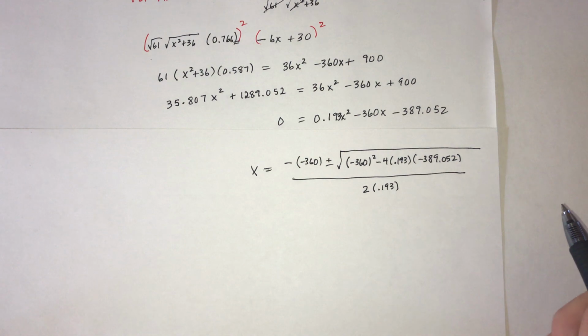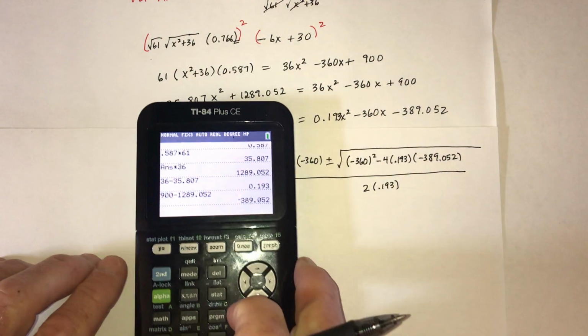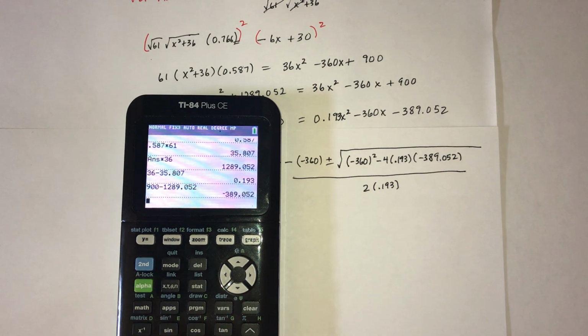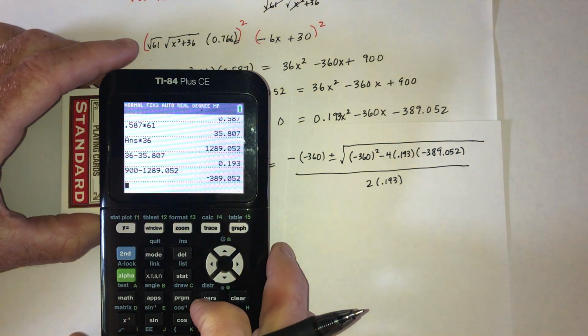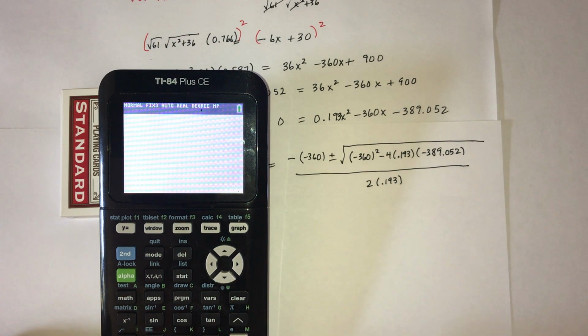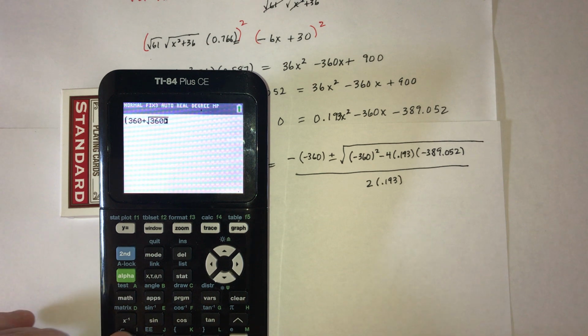Okay, let's see. First of all, a negative and a negative. Hold on, let me get my little prop-up to get rid of the glare. So first of all, right here, a negative negative will be a positive 360. And then I'll do plus the square root. And then 360 gets squared.